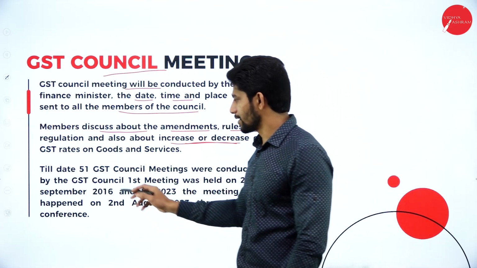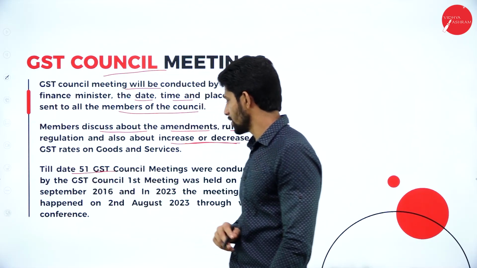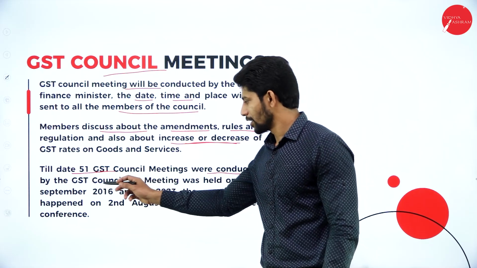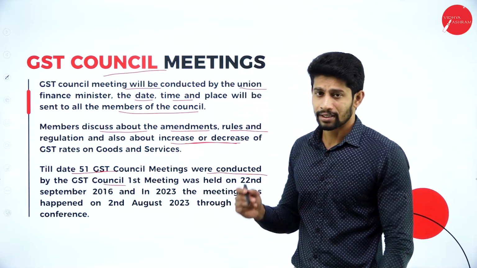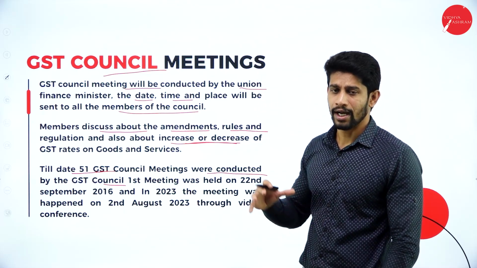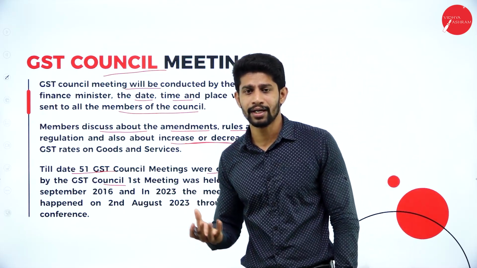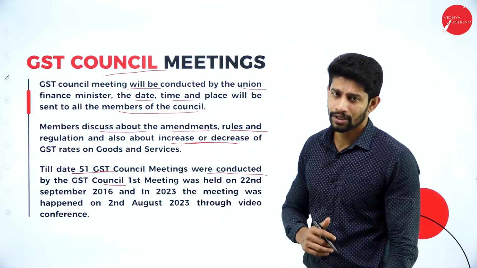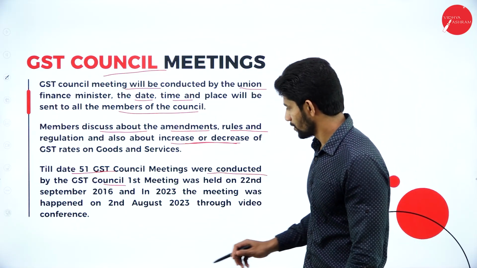And till date, there have been 51 GST Council meetings conducted by the GST Council, and many amendments have happened, and they have also decreased and increased the rate of GST with respect to different goods and services.